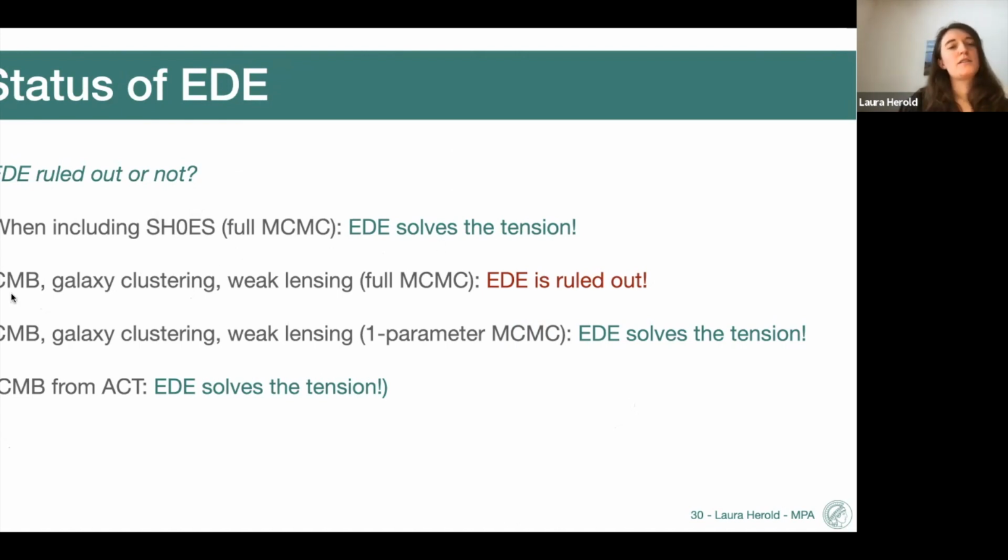However, if one looks at CMB alone, or CMB combined with galaxy clustering or weak lensing, one finds in a full MCMC that early dark energy is ruled out. However, for the same datasets, using the reduced EDE model, one finds that EDE solves the tension. And additionally, the ACT data says EDE is preferred by the data and solves the tension.